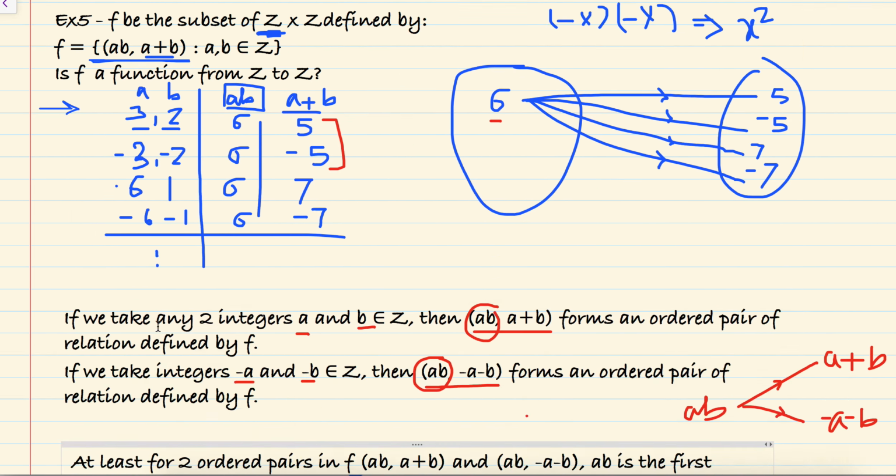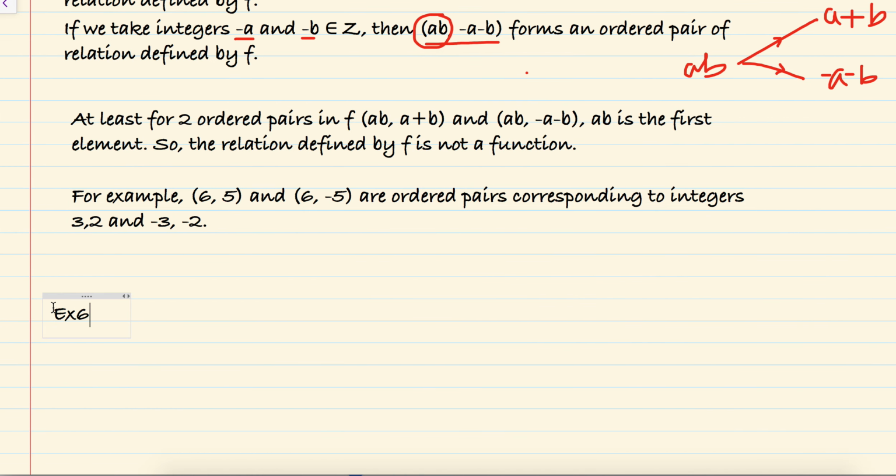And now we will take one last example and close today's lecture. So our last example for today is, let F be defined as the ordered pair x comma x square divided by 1 plus x square, such that x belongs to the set of real numbers.